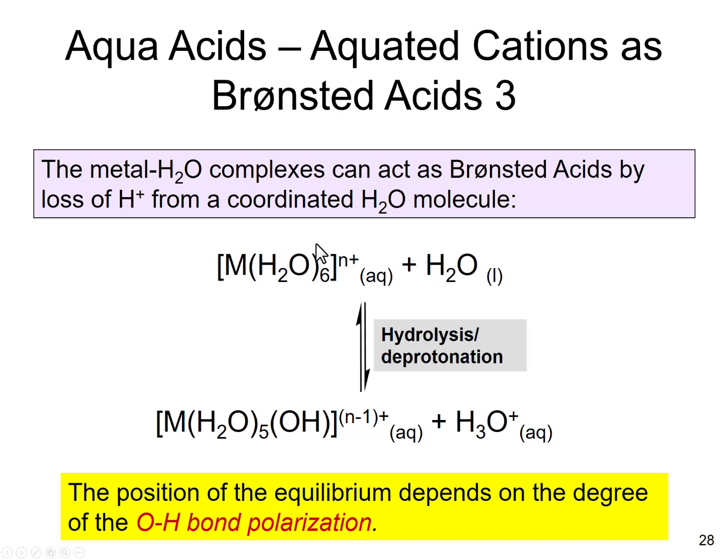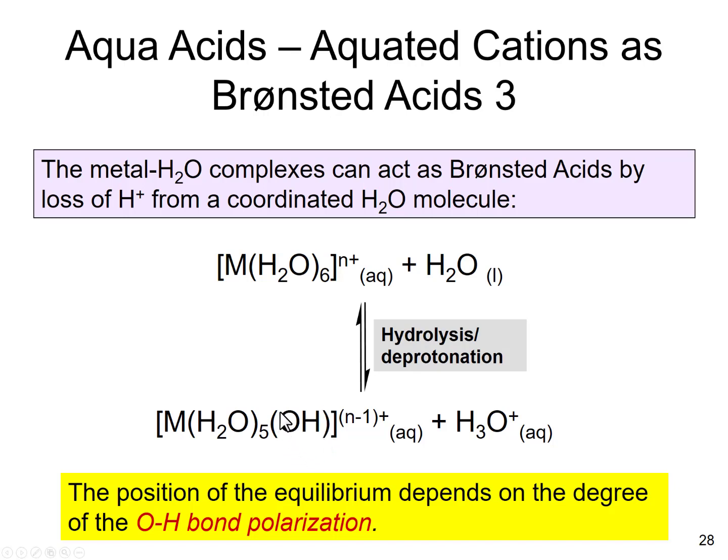And so this species can actually interact with the surrounding water molecules, and hydrolysis or deprotonation can take place. One of these water molecules that are directly bound to the metal center can lose its hydrogen atom or its proton and protonate a water molecule to the hydronium ion. And by loss of a proton, it will form an OH minus species.